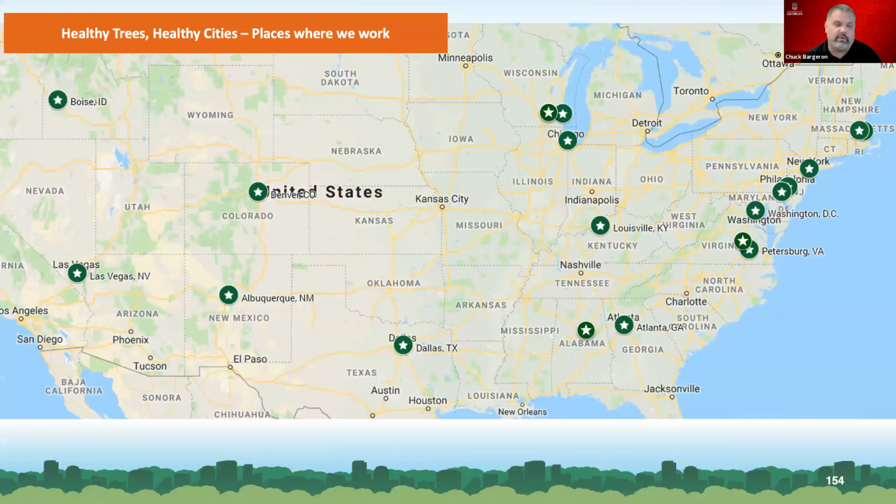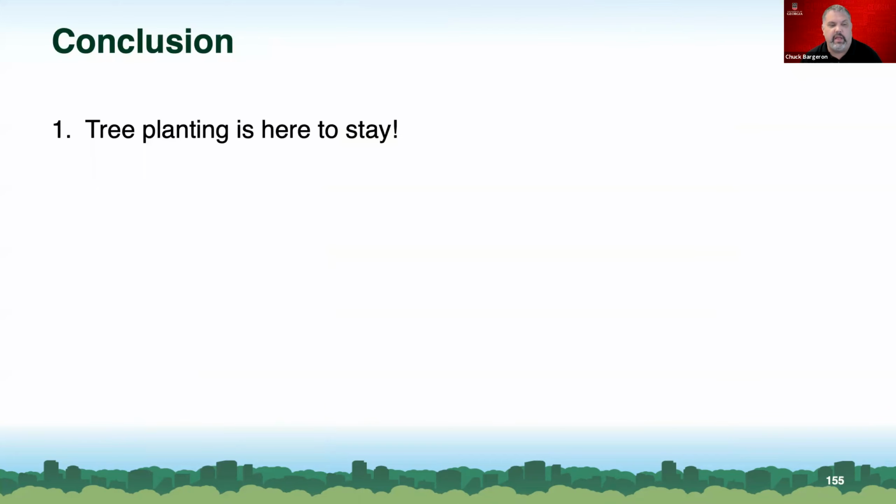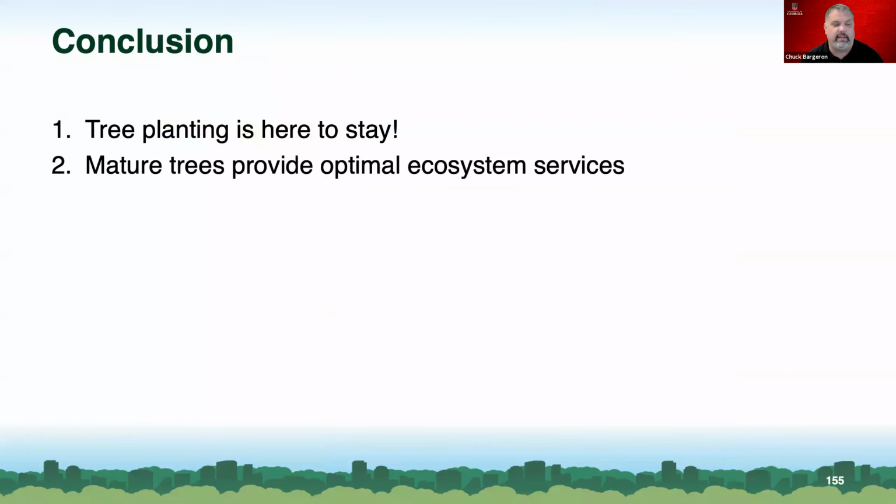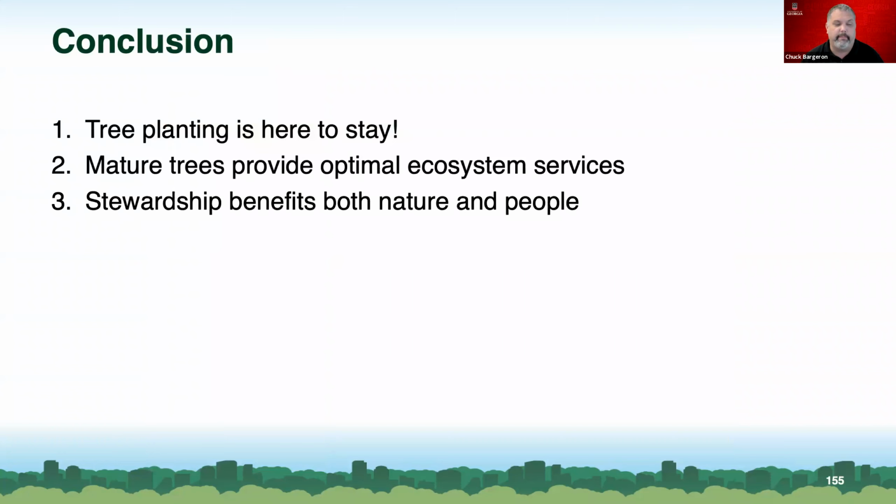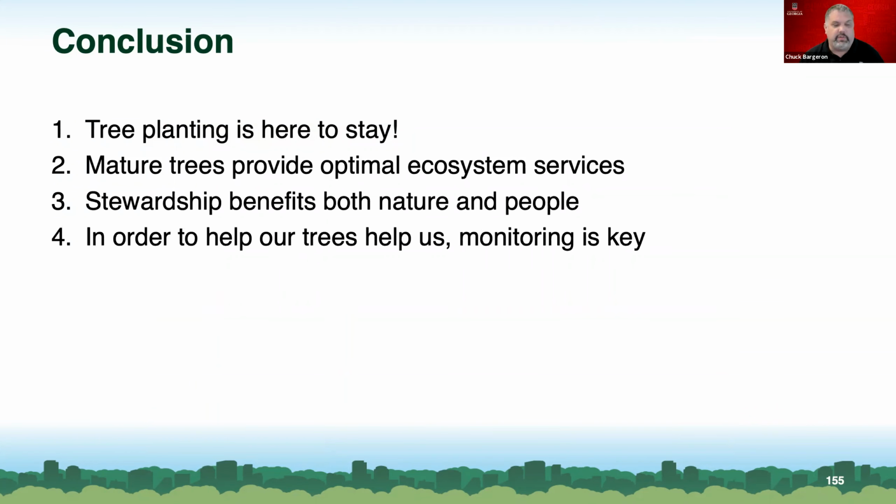So here are some of the pilot cities where this has happened. There's been a lot of effort with tree planting, and this project is really trying to work with those different tree planting projects to get the data, share the data, and use it for predicting issues with trees.